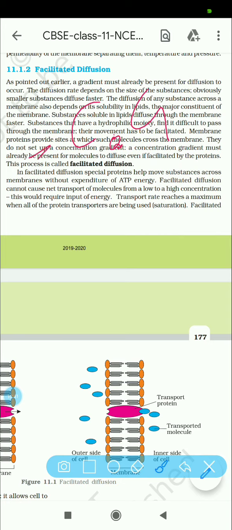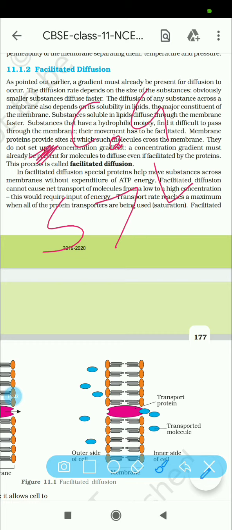It is the primary requirement for this sort of diffusion. CG stands for concentration gradient. Then there is a difference between the diffusion rates for different substances, because substances can be smaller or bigger. Smaller ones will have a higher rate of diffusion than the bigger or larger substances.